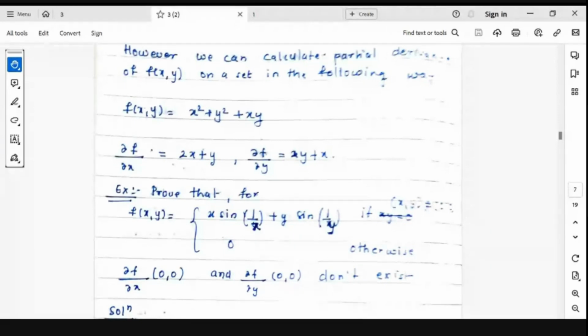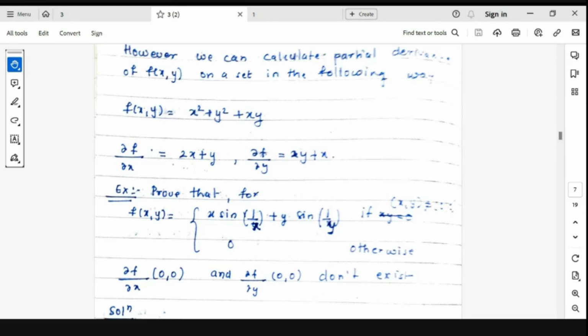So this will simply turn out to be the limit as h goes to 0. If you simplify the bracket here, this will turn out to be f(h, 0) minus f(0, 0) divided by h. And now you can substitute the value of the function. Your function is x squared plus y squared. So put the values of x and y in each term. In this term, the value of x is h and the value of y is 0. So this will be h squared plus 0 squared minus 0 squared plus 0 squared, divided by h.